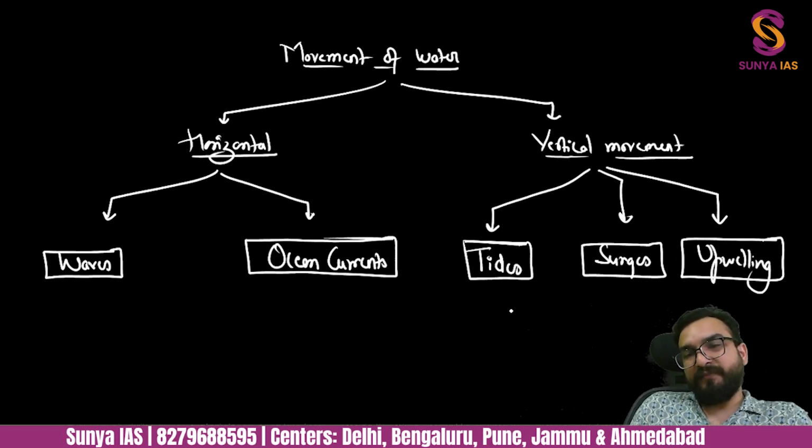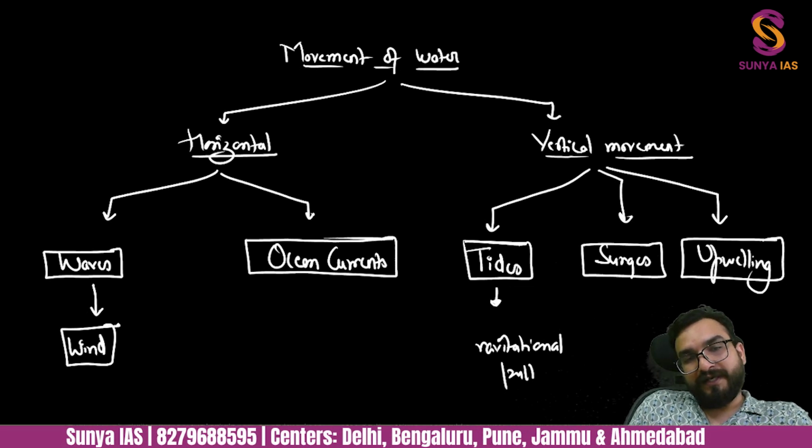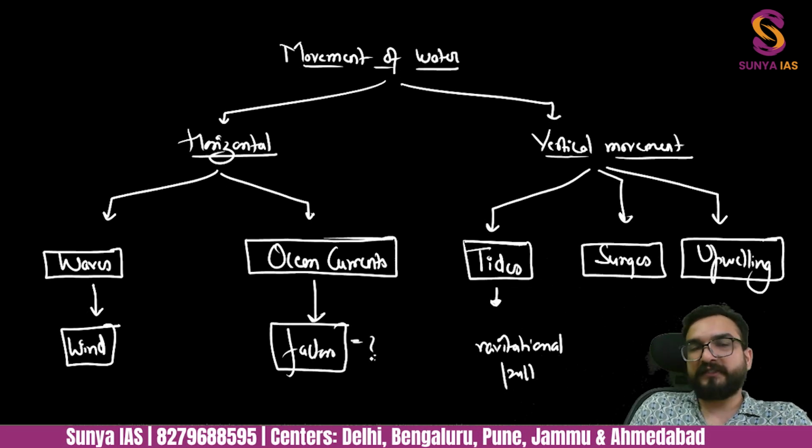Certain basic difference, you know that tides are basically formed because of the gravitational pull. More you will study when tides will be your topic, right? Not right now. Waves are basically formed because of the force of the wind. Today's topic is ocean currents, so we will be seeing all the factors why ocean currents are forming. Don't worry about it, we will be understanding.